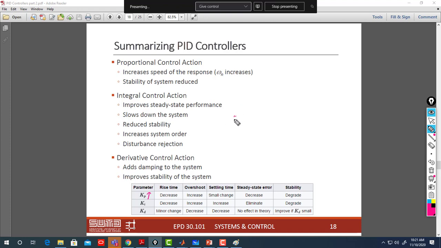So that's the rise time faster. Same for KI. That's why the overshoot increases. You see the terms are related, of course. Overshoot is increased because you reach your reference fast, but this may lead to overshoot. KD doesn't really have a lot of change on the rise time.